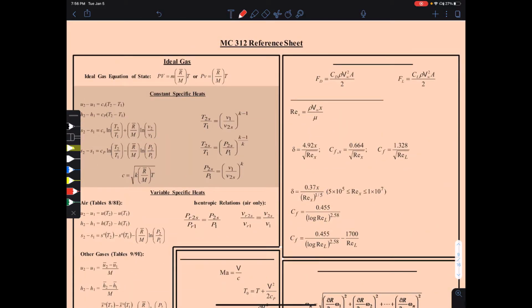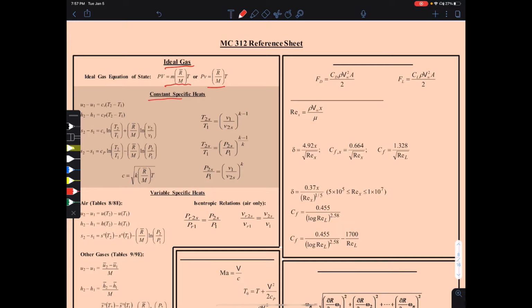Of course, let's do a review of our 312 reference sheet. So find where we have equations that we developed today. So under our ideal gas block, we have our ideal gas equation of state, which is familiar from 311 and we used extensively today to do our derivations. So again, using the constant specific heat assumptions, we have certain equations associated with that.